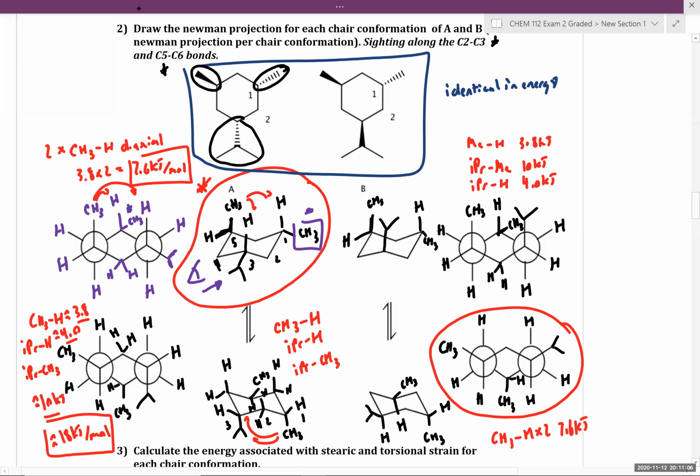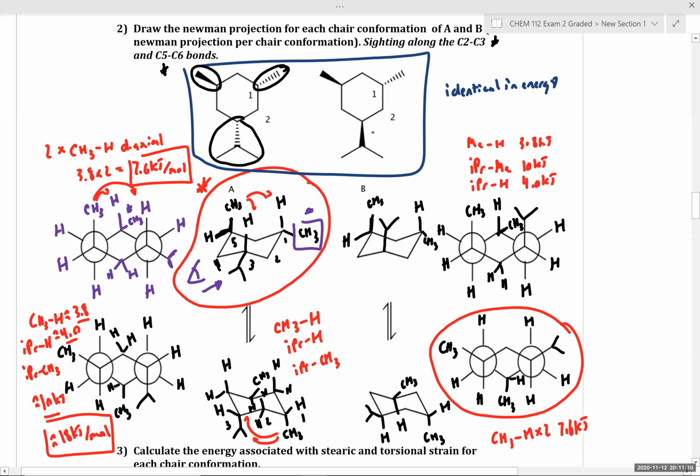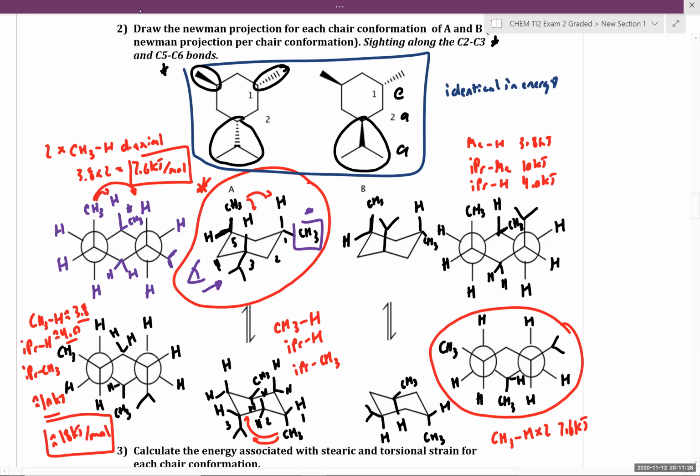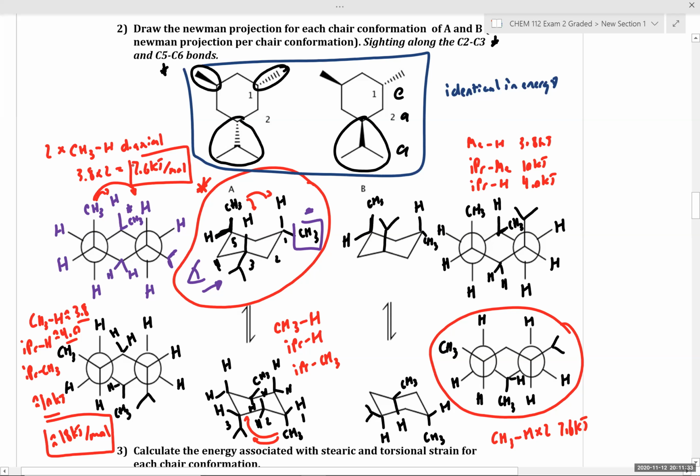Perfect. So in the second structure, the only thing that's changed is this isopropyl group. Rather than being equatorial, it is now axial, so it's pointing up in the axial position. Now, this may not seem like a big deal, but if we look at our 1,3 interactions, the only thing that's changed between these two structures is that our isopropyl is now pointing up.